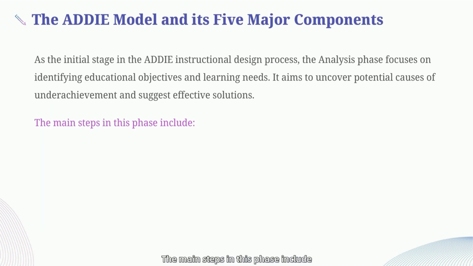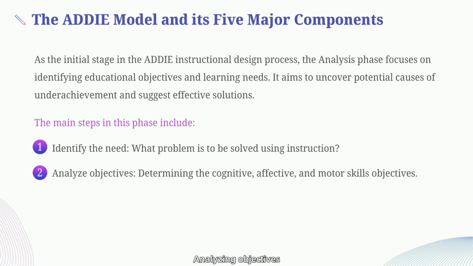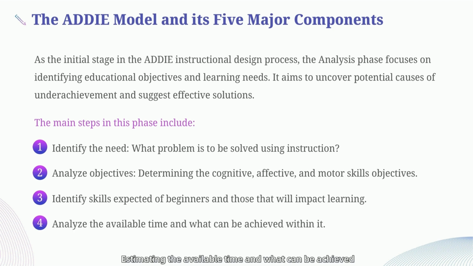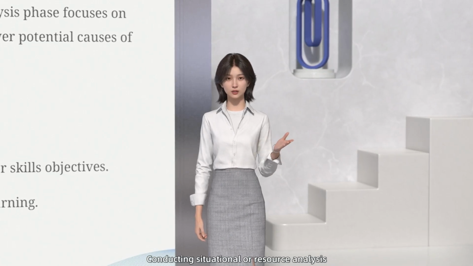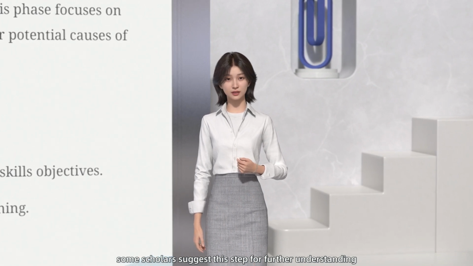The main steps in this phase include identifying the need, what problem is to be solved using instruction; analyzing objectives, determining the cognitive, affective, and motor skills objectives; identifying skills, understanding the skills expected of beginners and those that will impact learning; time analysis, estimating the available time and what can be achieved; conducting situational or resource analysis. Some scholars suggest this step for further understanding.